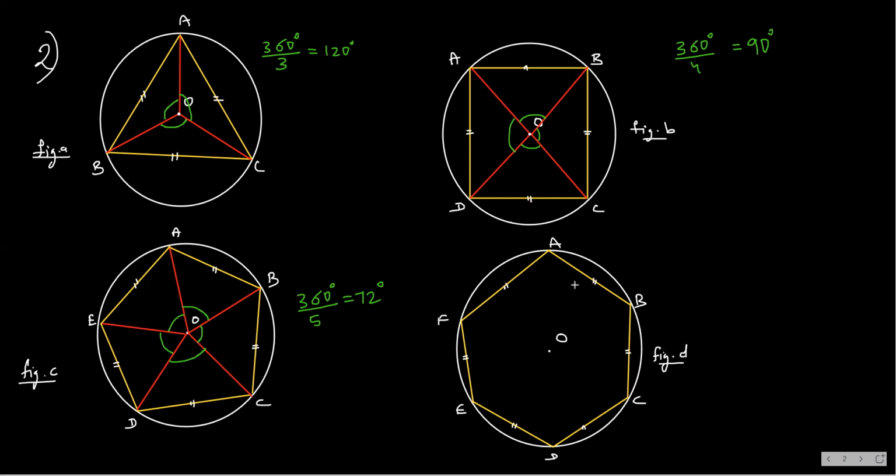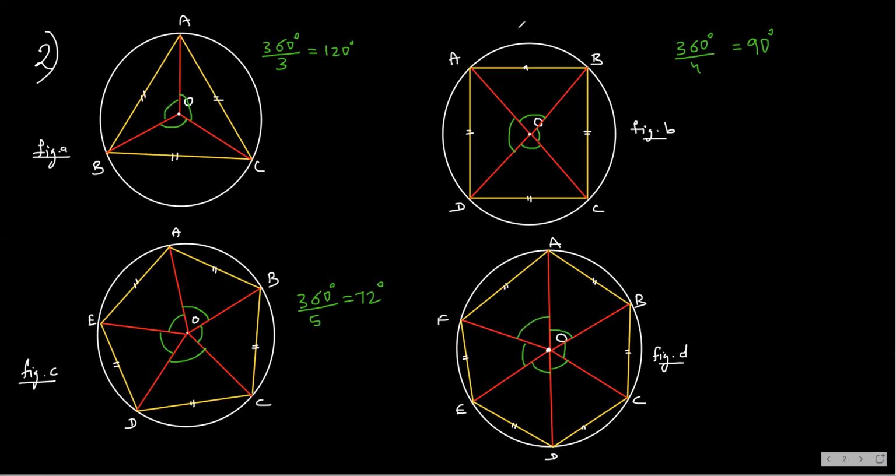And here, look at this. You have a regular hexagon this time. So there are 6 equal sides, and the angles subtended by these 6 equal sides at the center will be 6 angles, and all those angles will be equal, remember. So what will happen?